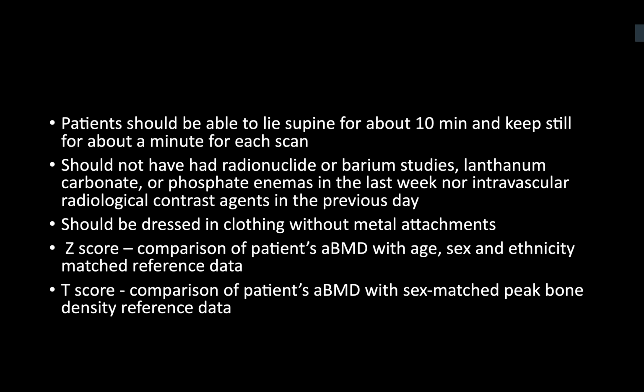So the T-score is compared to a cohort of fit young patients' bone mineral density, whereas the Z-score is compared to a cohort of similar age and race to the patient. Yeah, exactly. So T-score is just sex matched, especially used for younger persons, and Z-score is matched for age, sex, and ethnicity. So there are three components in the Z-score.